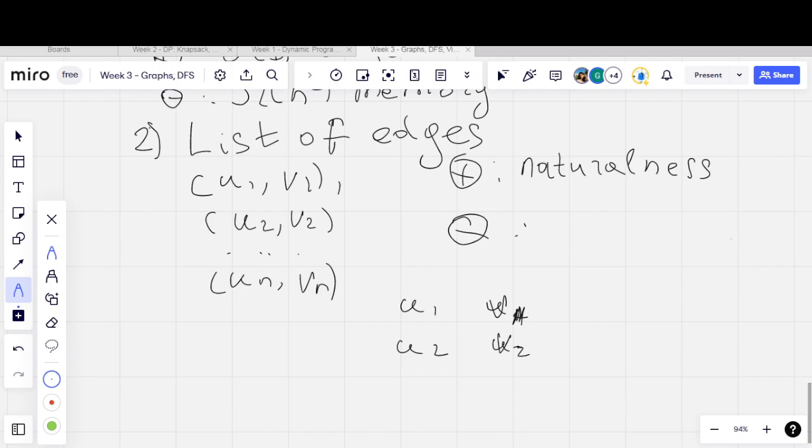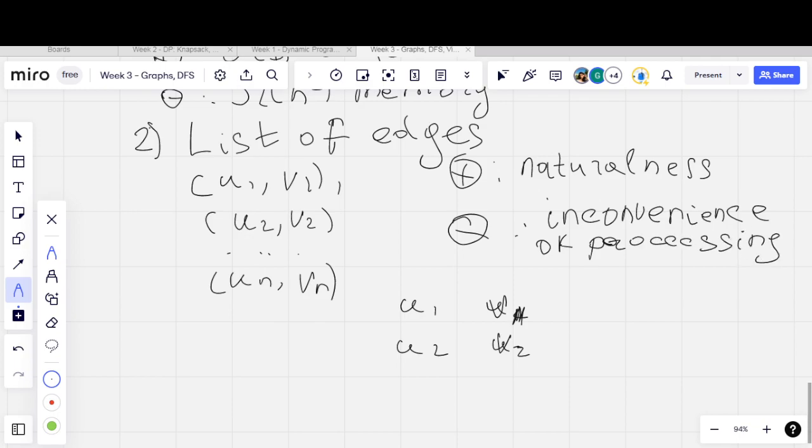Minuses: inconvenience of processing. We have some list of edges, and to find if there exists an edge, we just iterate through this array and find this edge.